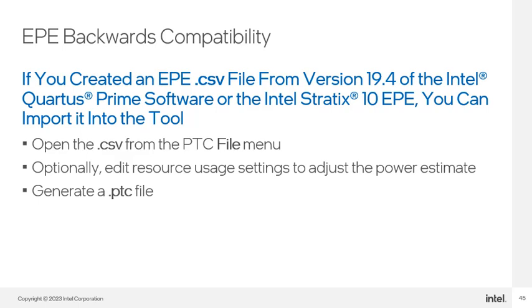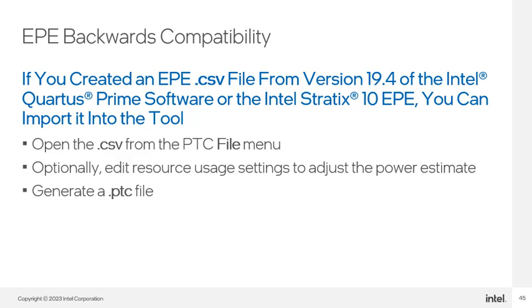The Intel Stratix 10 PTC supports the use of older .csv formatted files that were generated by version 19.4 of the Intel Quartus Prime software and the Intel Stratix 10 Early Power Estimator, or EPE.